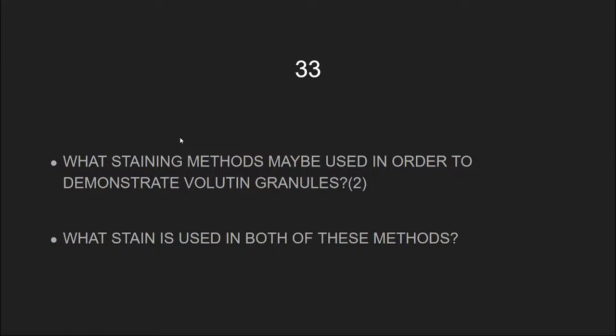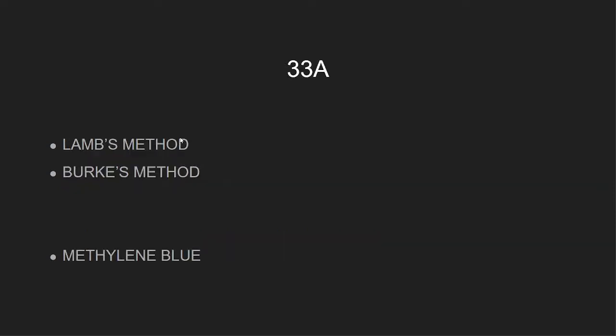I've never seen that in the exams, but what I would like you to take from this slide is the methylene blue. Okay? That is used to demonstrate those things. Next.